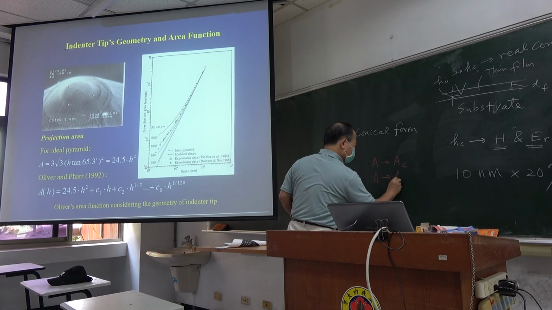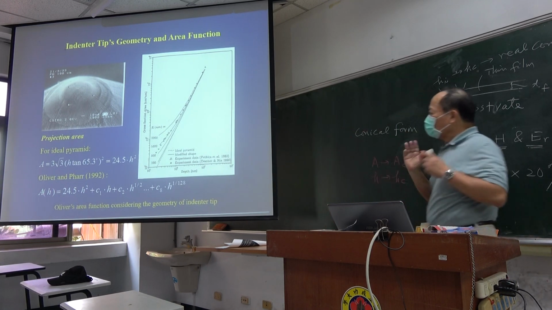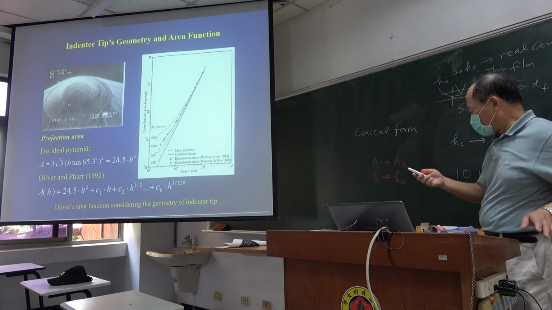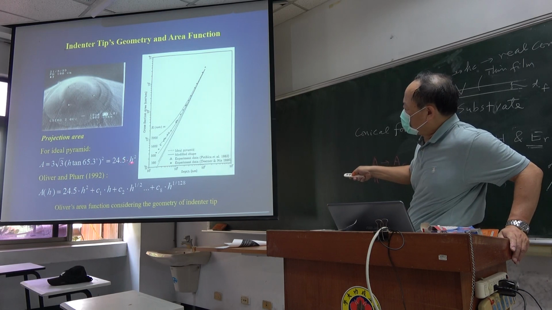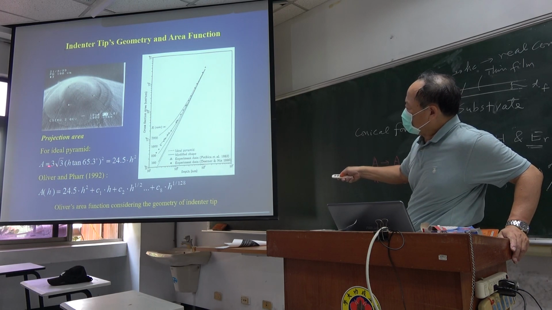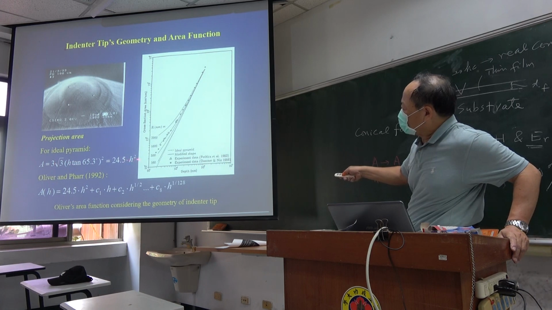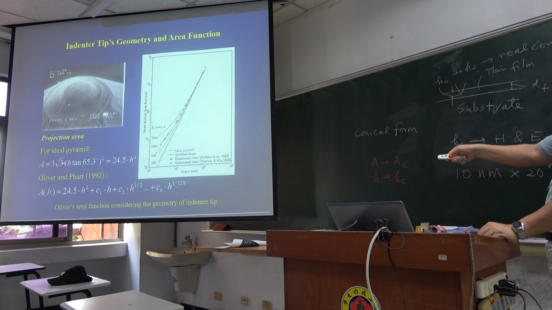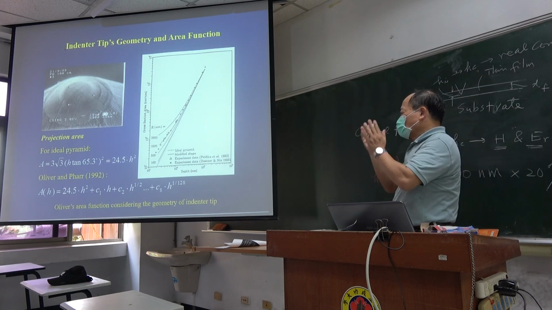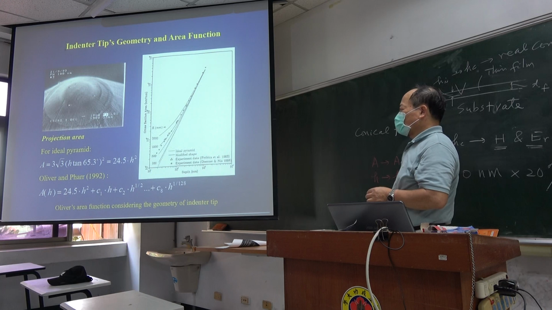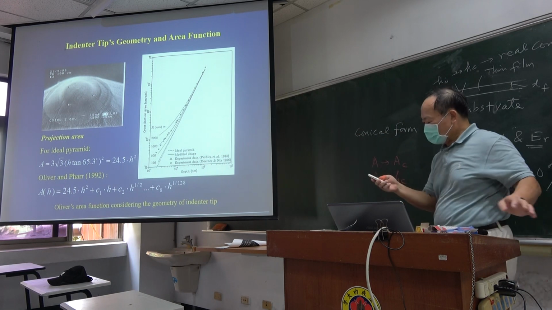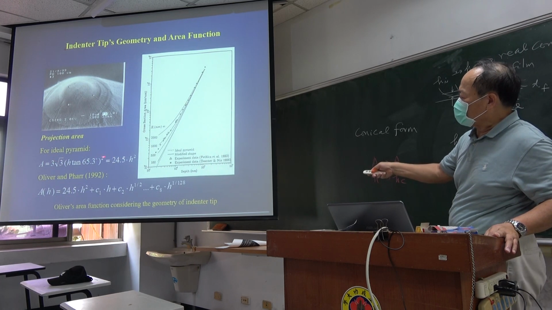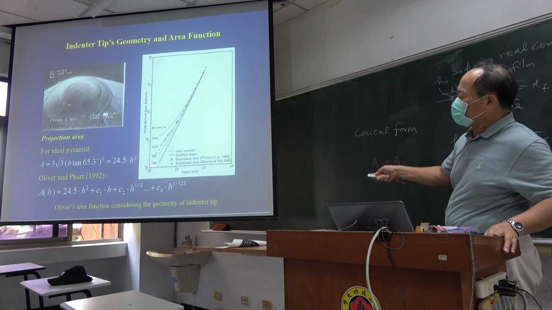A is the real contact area, H is just the real contact depth. So give it the subscript C over this A and H, right? For the ideal case, it means that your tip is just a Berkovich indenter tip. It means it's very sharp, with an angle. In this case, we obtain the real contact area just using this form.